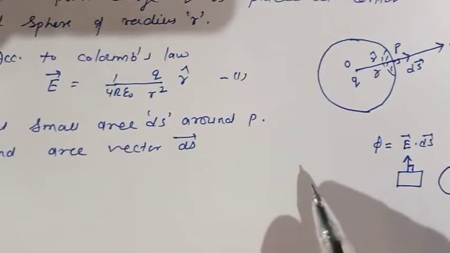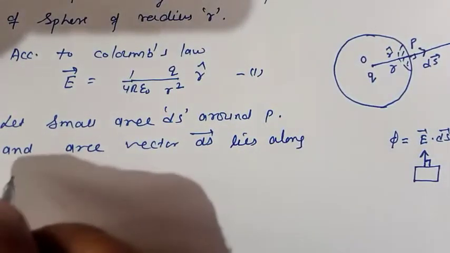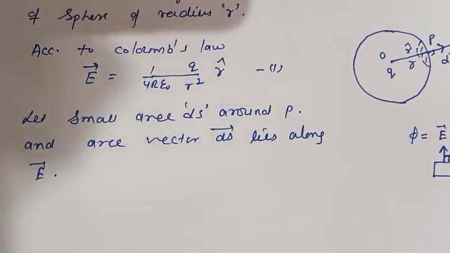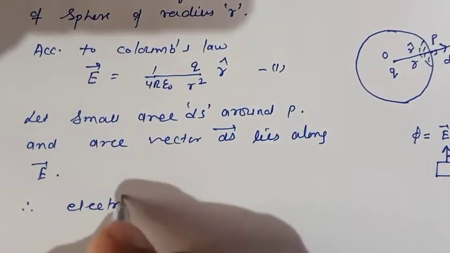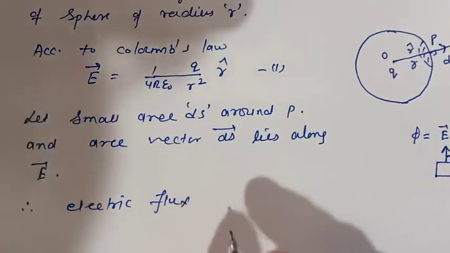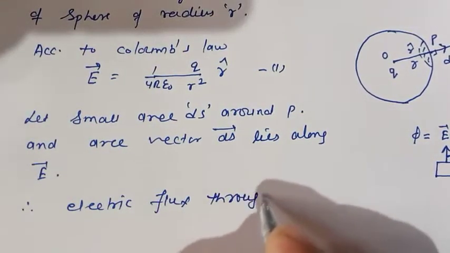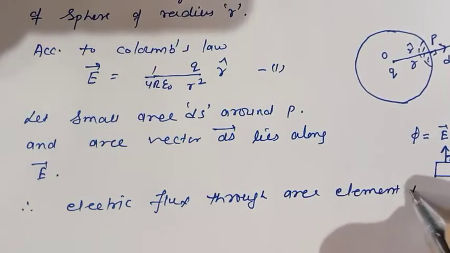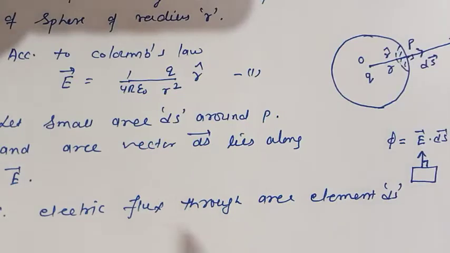The area vector ds lies along the electric field E. Therefore, what will be the electric flux through the area element ds, the small area we have taken?